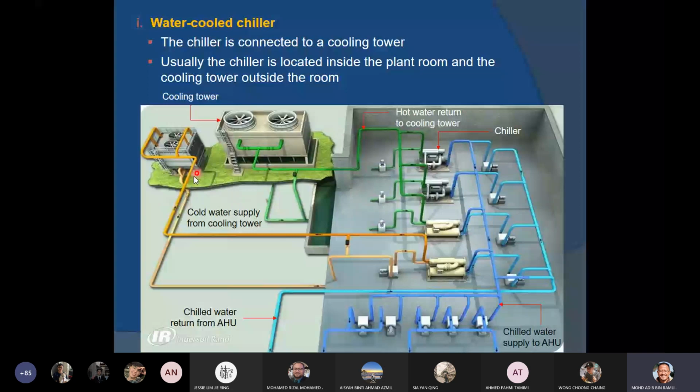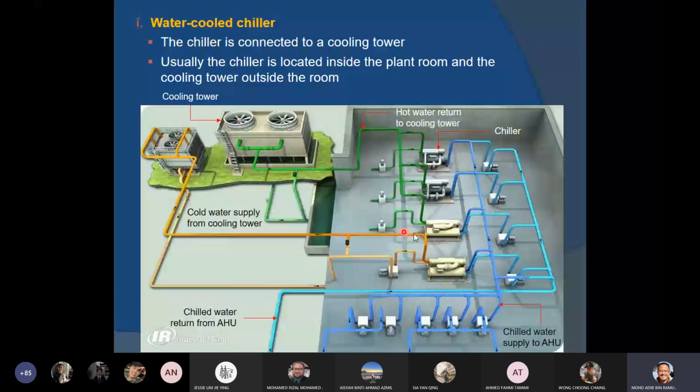The reason is that the cooling tower requires outdoor air, a good flow of air from outside, because when the fan rotates, it draws in air from the side and releases it back to the top, to cool the water inside the cooling tower.